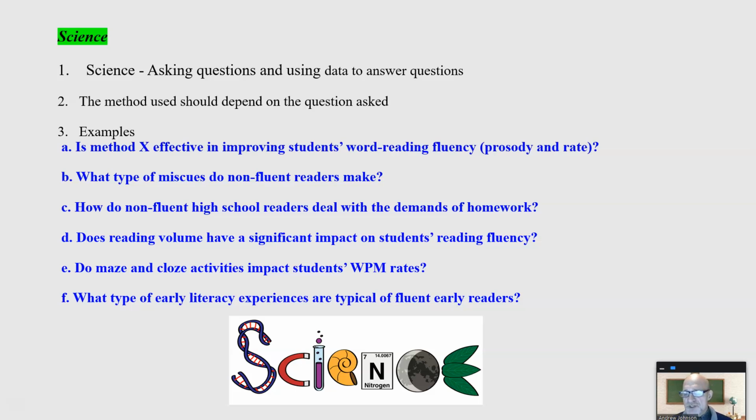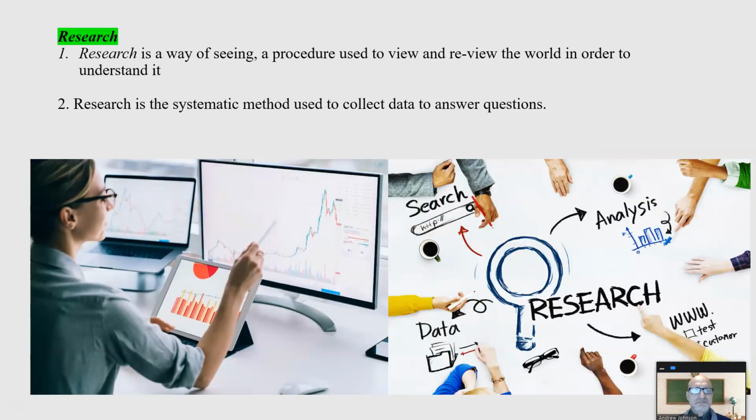The research methods should not determine the question. If that happens, you get a very narrow range of questions asked, and you get a very unreal view of the reality you're trying to look at. So research is simply a way of seeing and seeing again.